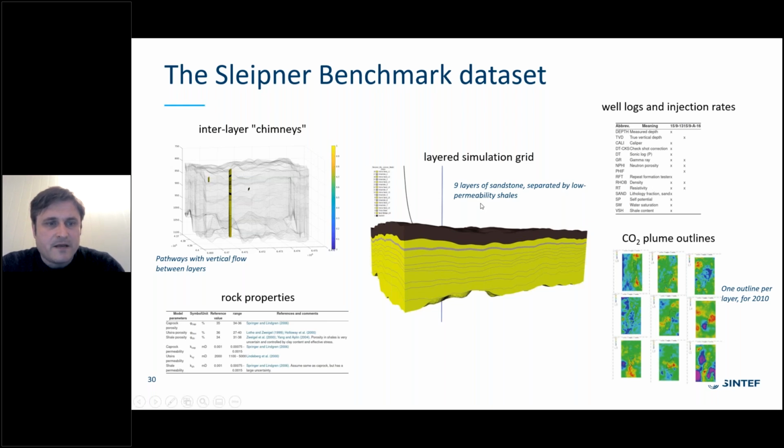Other important pieces of information are the location of the chimneys, where CO2 is assumed to easily migrate between layers, as Sarah was talking about. Also, the assumed rock properties. The well information of particular importance was the injection well position and the annual injection rates, and the observed CO2 plume outlines for each layer as measured in 2010. Next slide, please.